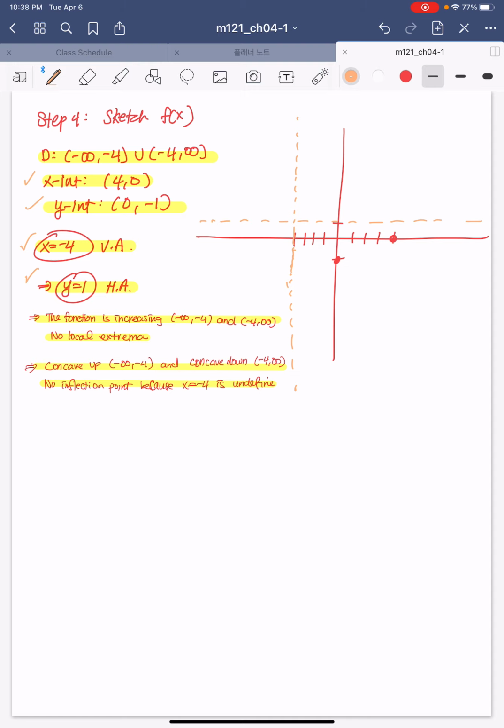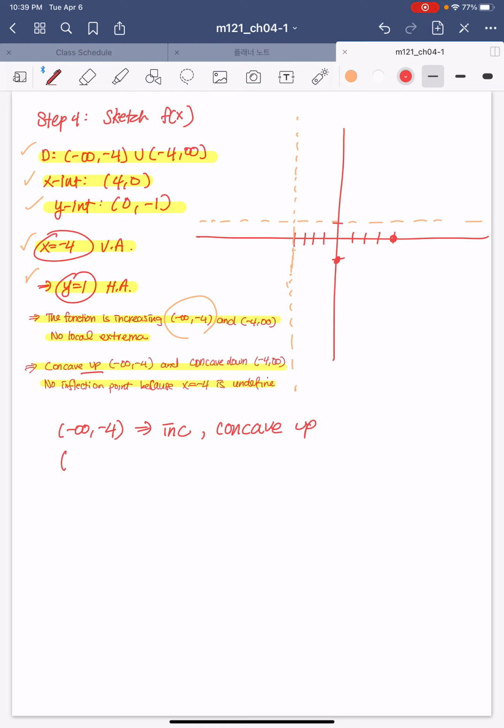So there's no points going through this one, so we got the domain. The function is increasing on this region here, negative infinity to negative 4, and then also increasing on negative 4 to infinity. So let's do this one over here, just like we did in the last lecture video. So negative infinity to negative 4, we have increasing and concave up.